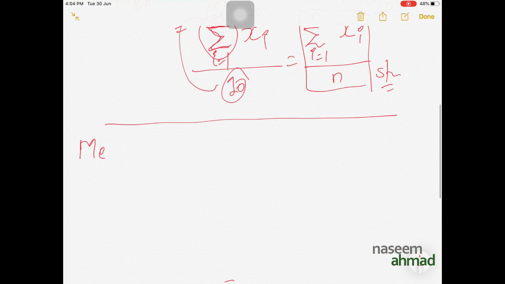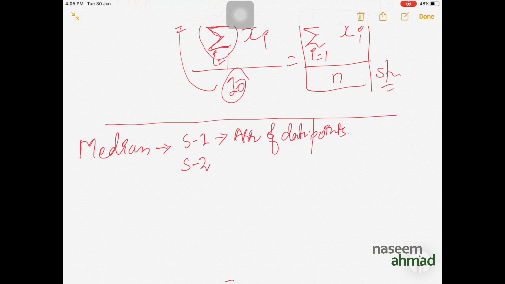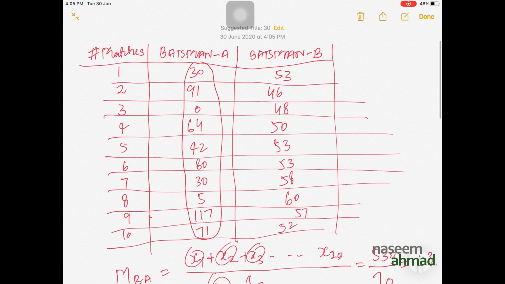Now let's talk about median. To get the median of a given data set, we need to do some pre-processing of the data set. First, we need to arrange the data points in a specific order, whether ascending or descending. So step 1 is the arrangement of the data points. Step 2 is to find the number of data points inside the data set.